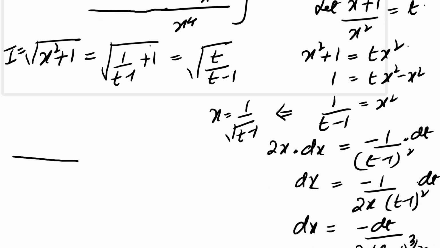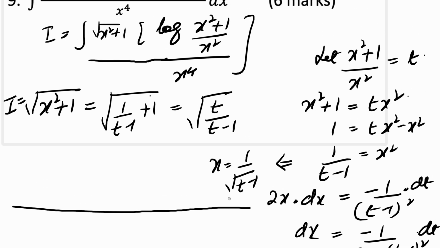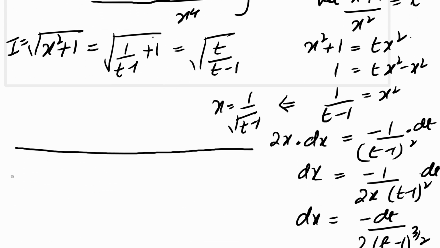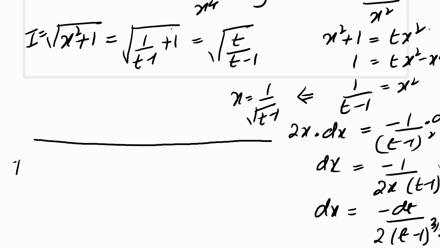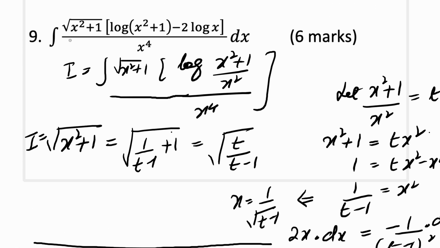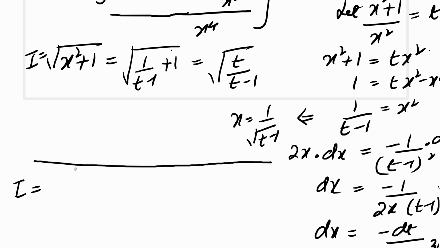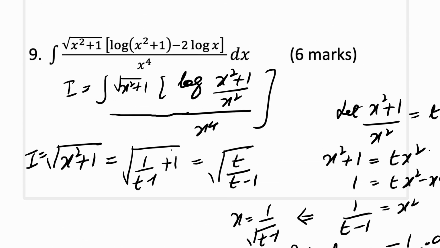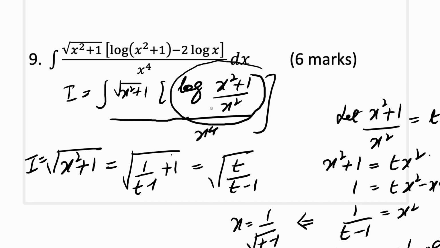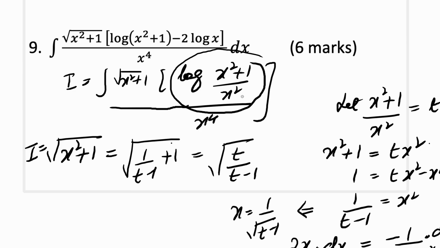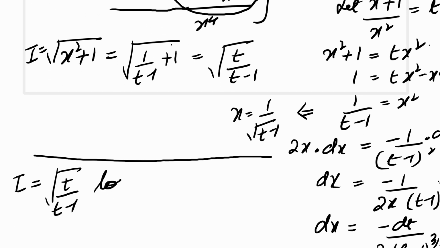Now let us start from here. I will just substitute these values. Now I is equal to, first, under root x square plus 1. For that we have written down under root t minus 1. The next part is log of this whole part, for which we can write down log t.